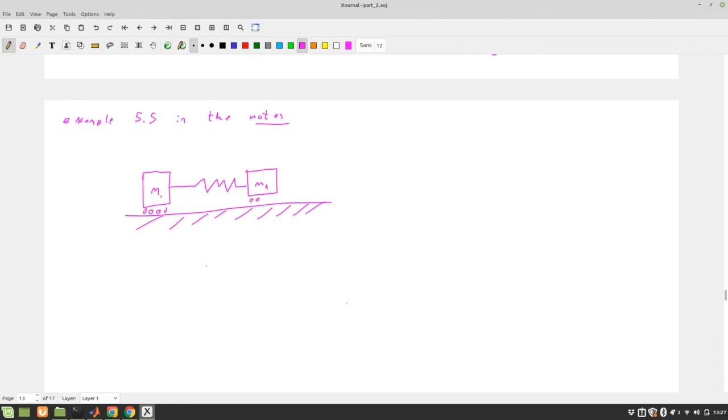And mass 2. So we're going to have x of 2 and x of 1. And then let's subject this to an impulse, right? So we have 2 masses connected through a spring. And then let's just apply an impulse here.